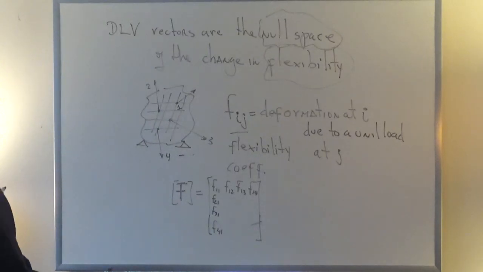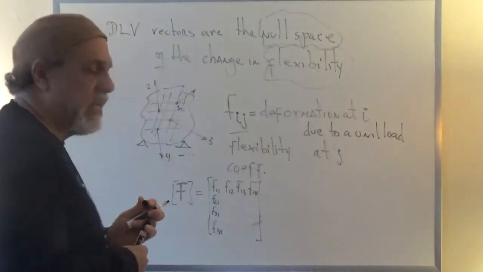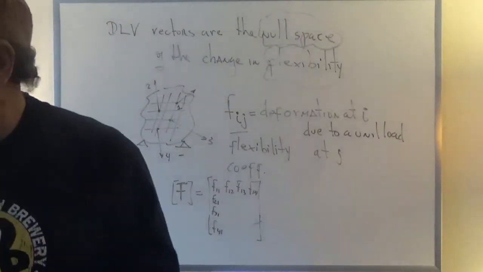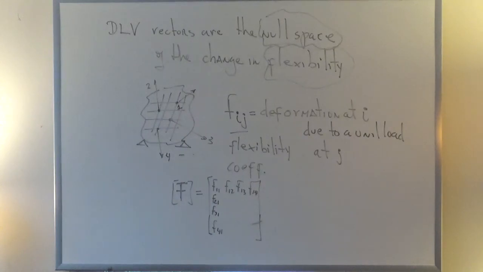Now, DLV vectors are the null space of the change in flexibility. Now, the real question is where system identification comes in, because system identification is going to allow us to calculate the flexibility matrix of the structure without applying a unit load at a certain coordinate, because in practice we just can't do that, right?